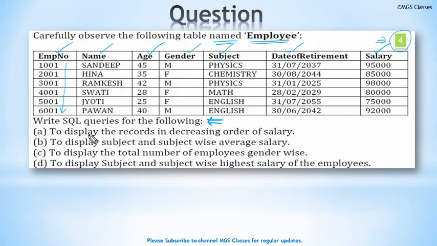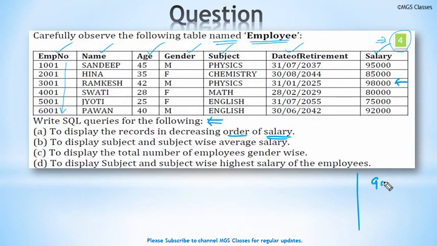The first task is to display the records in descending order of the salary, meaning the highest salary will come in the first position. The highest salary here is 98,000.